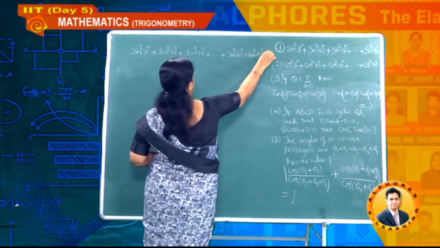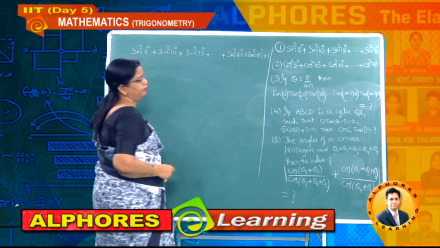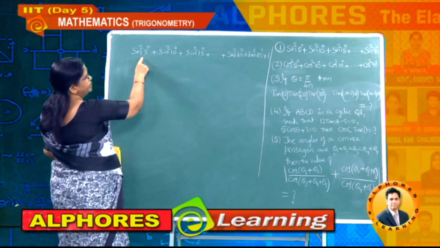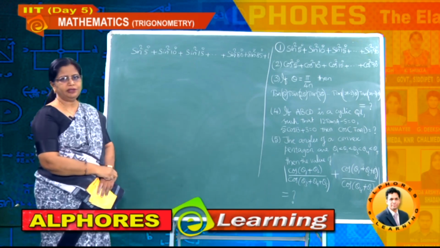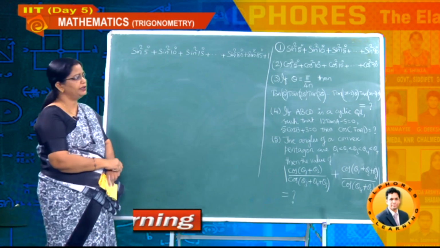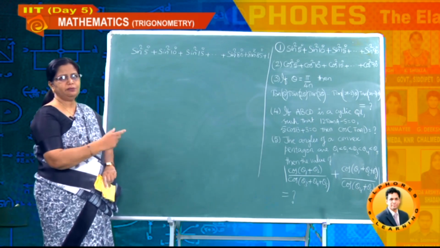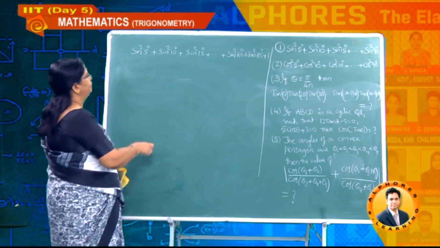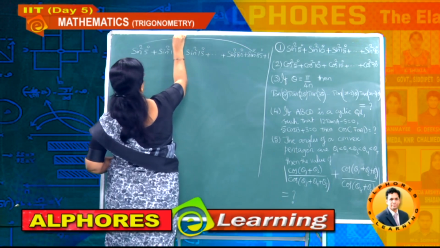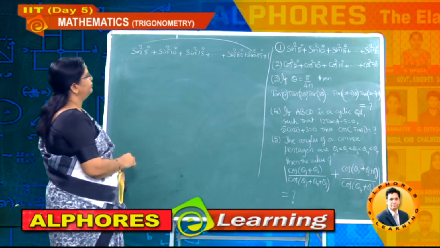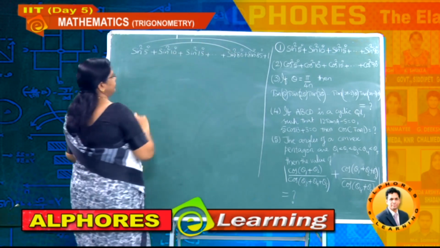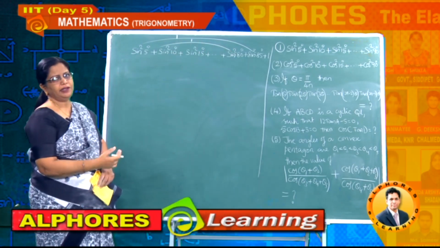After that the value, anyhow you know, is 1. Now what is the sum of the first one and last one? Just now we observed the formula: when a plus b is 90 degrees, sin square a plus sin square b equals 1. Therefore this combination is 1. Then the next combination is also 1, because the sum of angles equals 90 degrees.